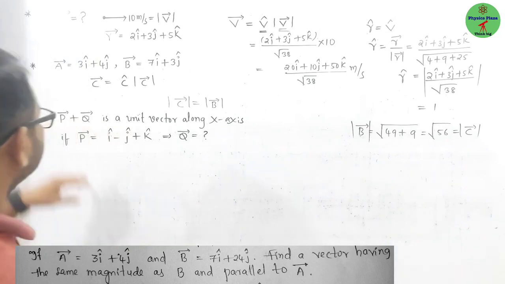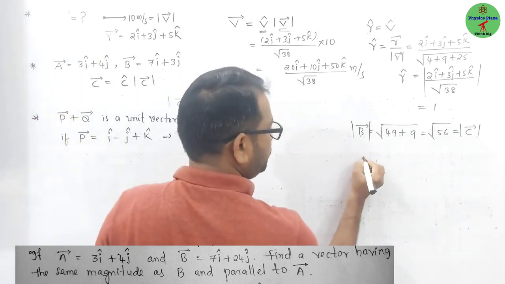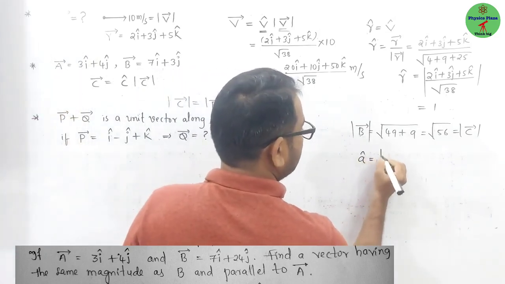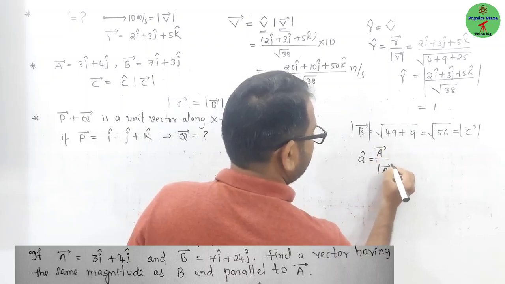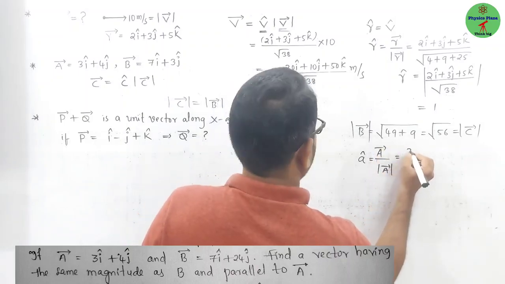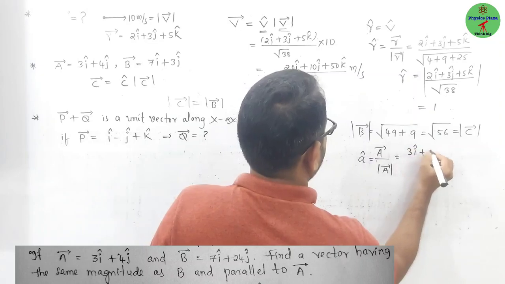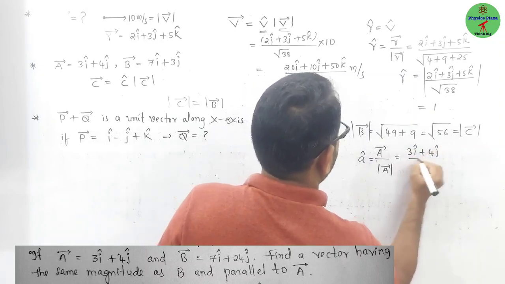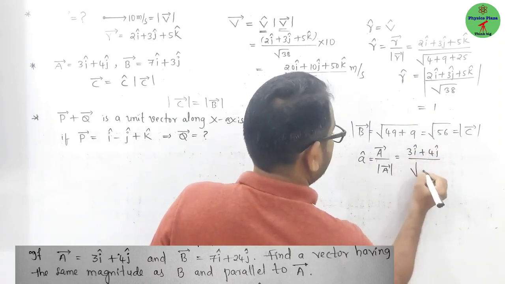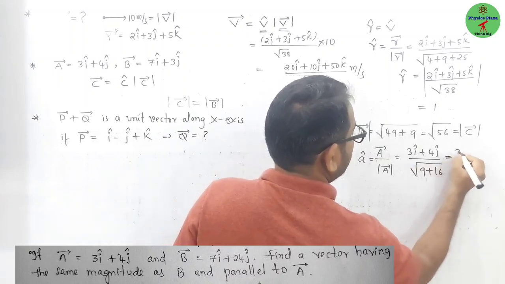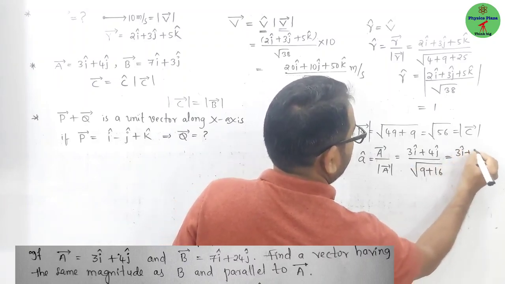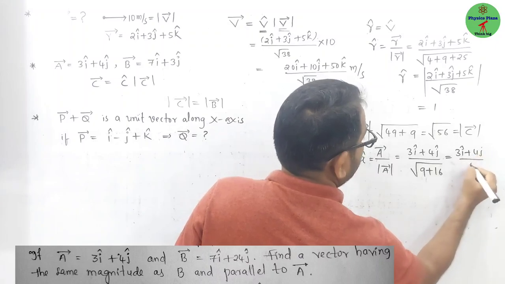First, let us calculate the unit vector of A. So the unit vector of A can be calculated like this, right? It's the vector A by its magnitude. So this is going to be 3i cap plus 4j cap by, children, square root of 3 square is 9 plus 4 square is 16. So 25 means 5. 3i cap plus 4j cap by 5.